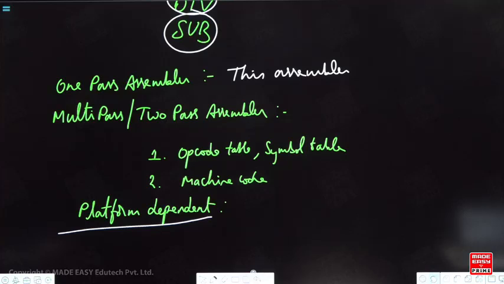Take opcode table. This stores the mnemonics and their corresponding numeric values.